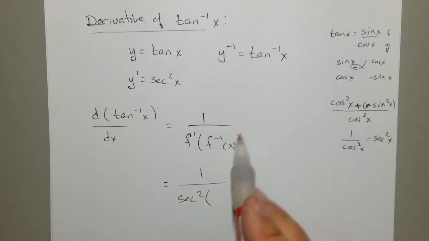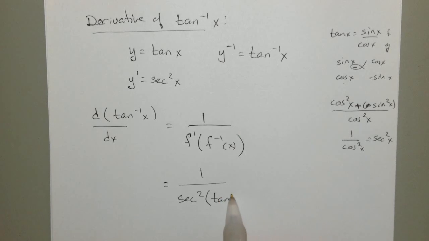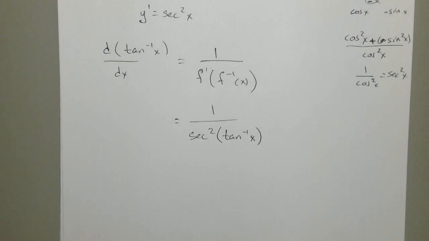The x is now the inverse, which is tangent inverse of x. Since your inverse function is tangent, we would much rather have the operation to be a function of tangent. So what is secant squared equal to?